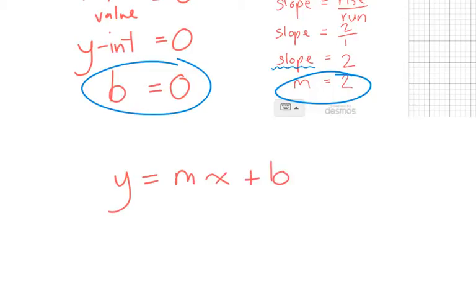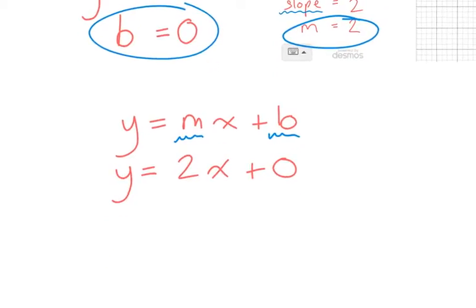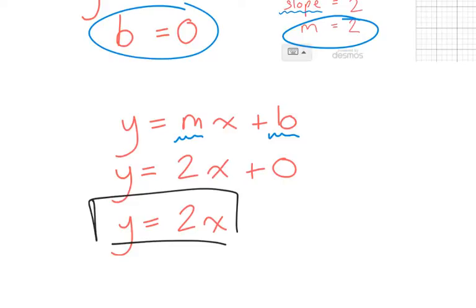We already know what m is equal to, and we already know what b is equal to, so we can go ahead and substitute in those values. So y is equal to 2x plus 0. As I've mentioned on many occasions, you do not need to write in the 0, so this simplifies to y equals 2x. And that is the equation of the line.